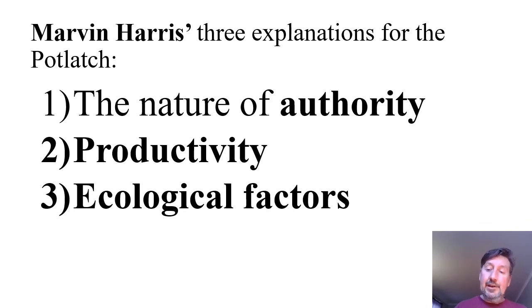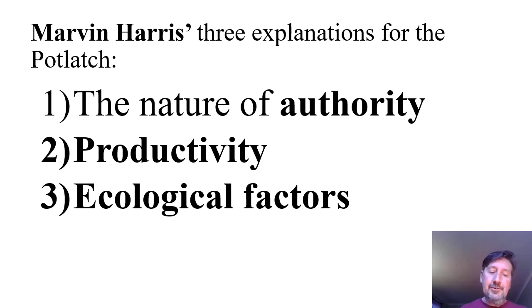The second explanation that Harris gives is related to productivity. Systems of redistribution like the potlatch function to get people to produce more goods than they ordinarily would. Harris argues that the potlatch creates an incentive for people to produce a surplus that otherwise is not there.